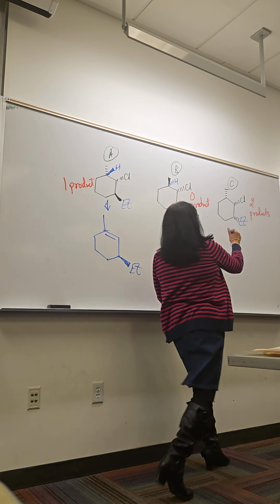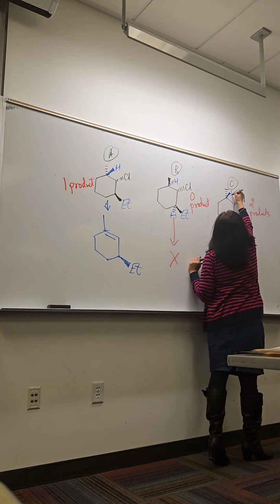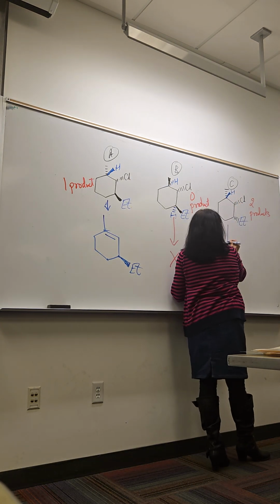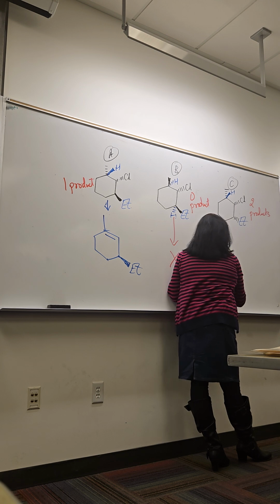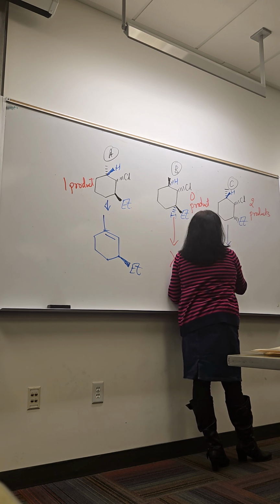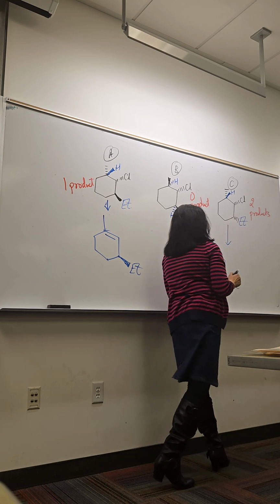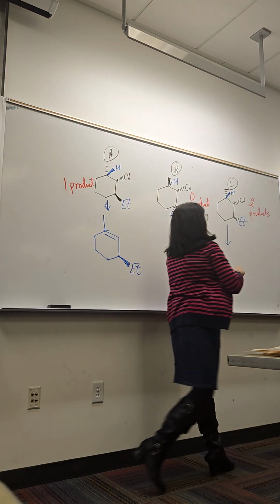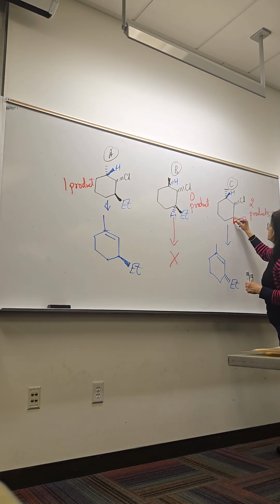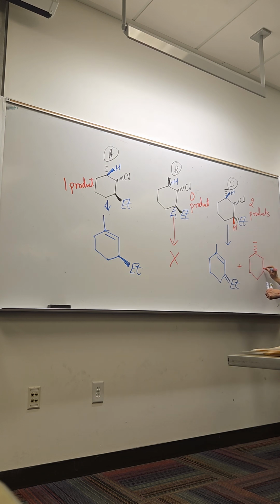Why 2 products here? Because this one has a hydrogen that's opposite, so this is going to create one. But then the other one also has a hydrogen that's opposite, so therefore that can create another.